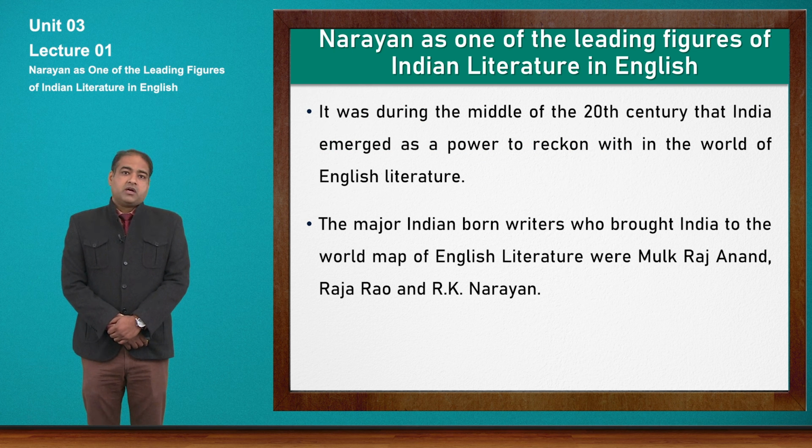It was during the middle of the 20th century. Middle means around 1950, because students sometimes get confused about the time period of any century. So the 19th century means 1801 to 1900. The 20th century means 1901 to 2000. So when we talk about Indian writing in English, we are generally talking about the 20th century, that is 1901 to 2000.